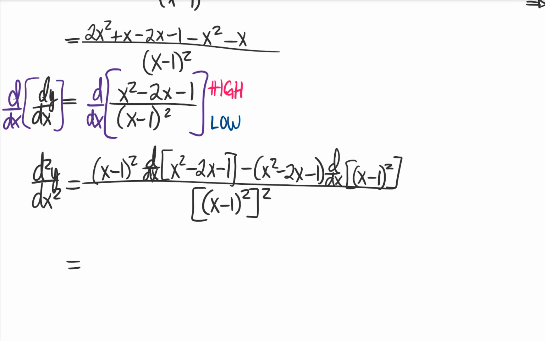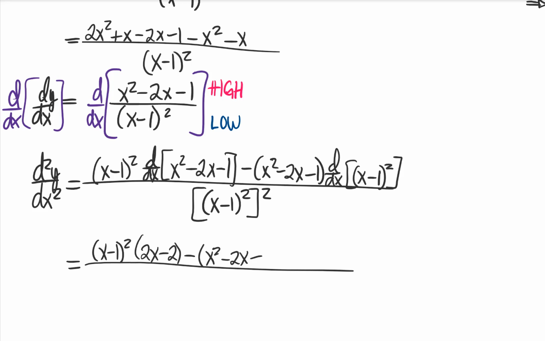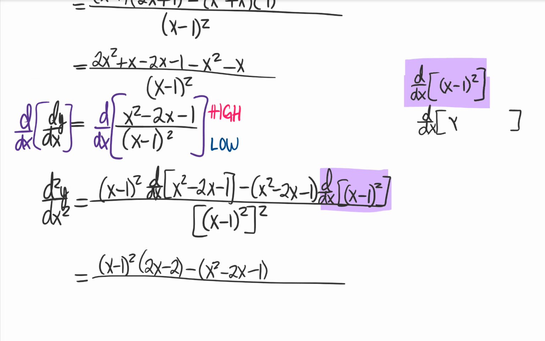Let's evaluate those derivatives. Now we haven't learned how to derive this yet, so let's expand and use the power rule. That's a perfect square trinomial. And that derivative is equal to 2x minus 2.